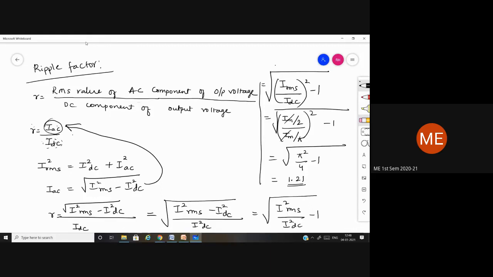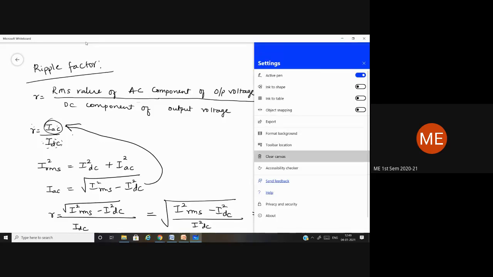1.21. If you have opened the textbook, actually it is 121%. There is a dot present there, you just change it. It is printed as 1.21%. In the next part it is corrected to 121% AC component. There, by mistake, it is 1.21%. The factor 1.21 is correct, but when you convert it into percentage, it is 121%. So what does 121% mean?